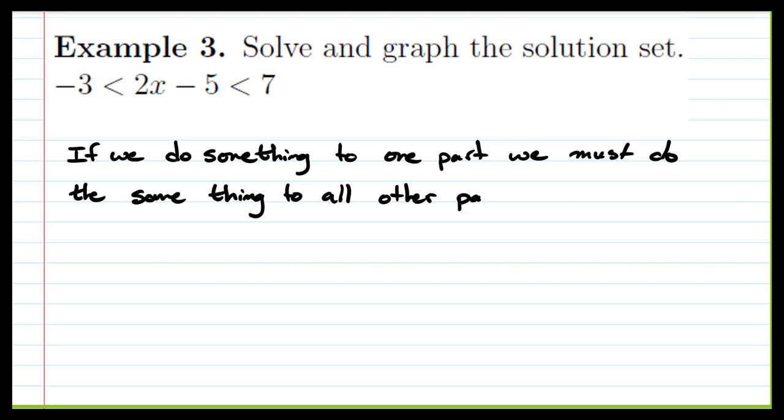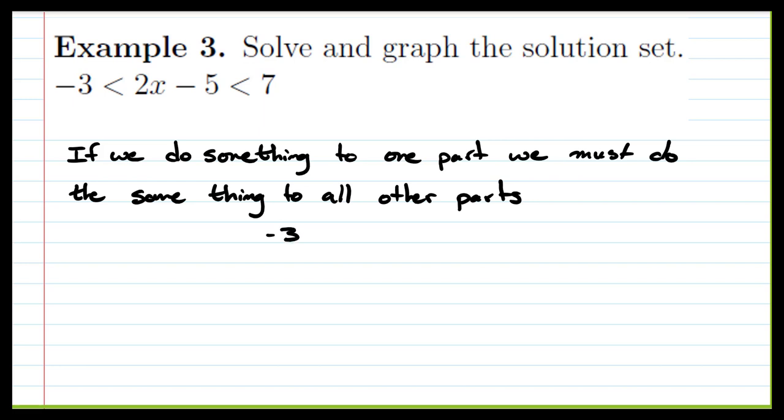And this is really just a generalization of the idea: if we do something to one side of an equation or an inequality, we have to do the same thing to the other. Well, now in terms of sides, instead of just having two sides, you can think of it as we have three sides. So if I do something to one part, I must do the same thing to all parts.